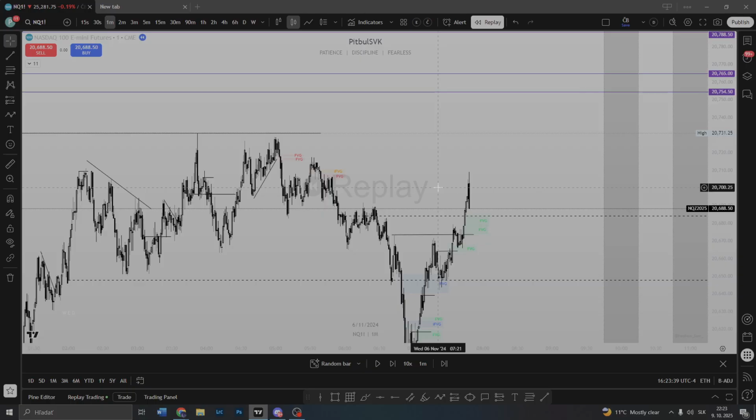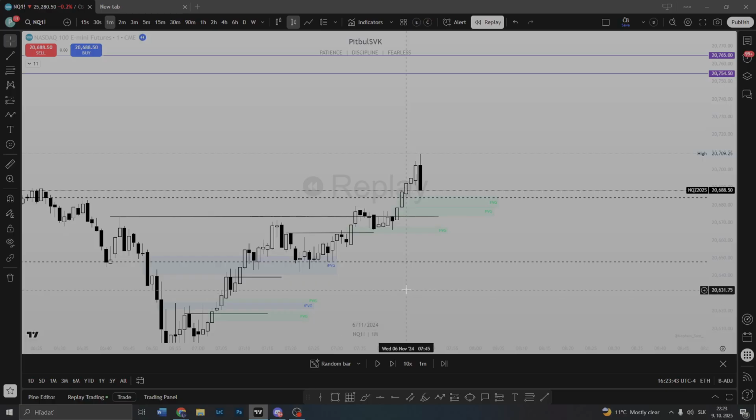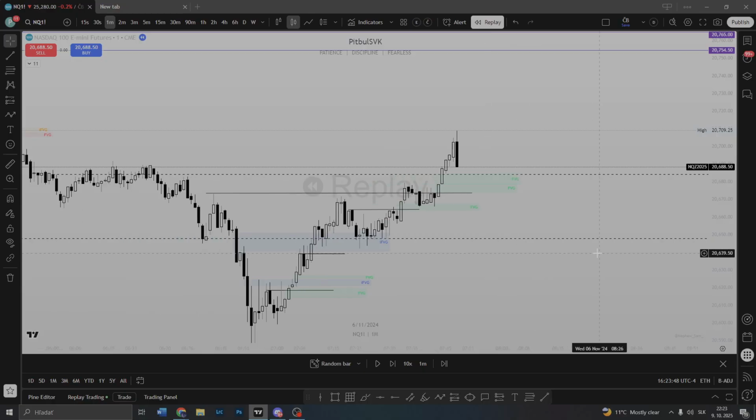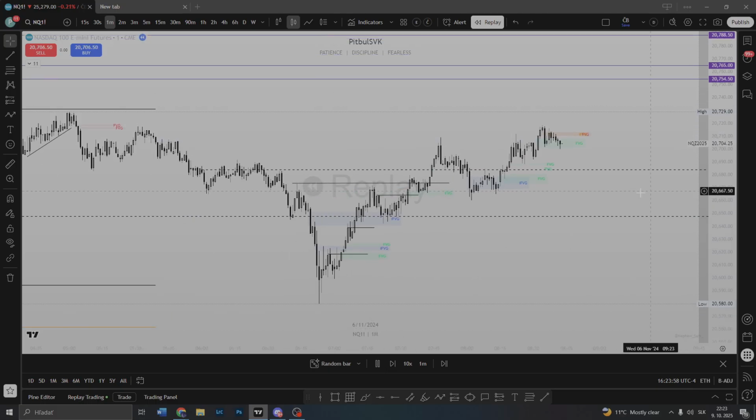Delete this purple line, so we already took it. And since it's pre-market, I don't trade pre-market. I will go a little faster out here. Also possible manipulation. Okay, we took the high.